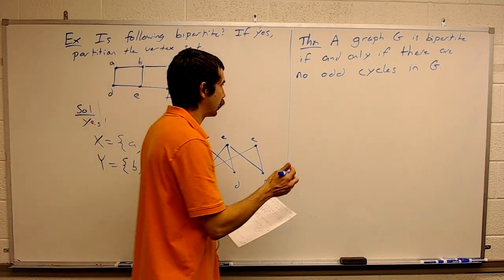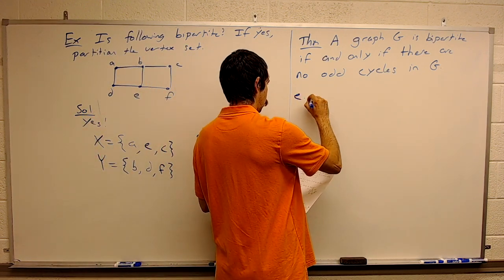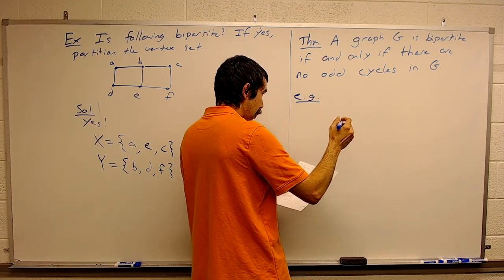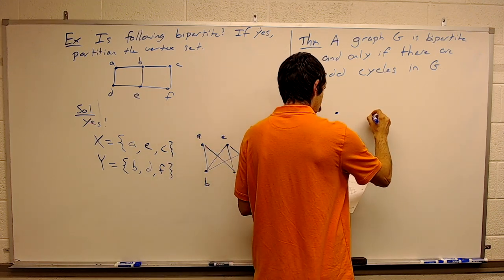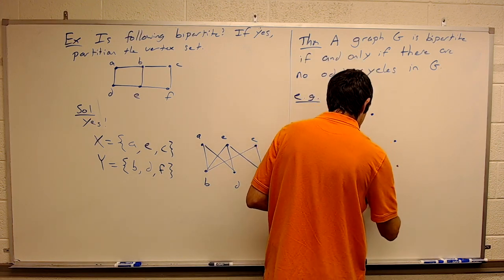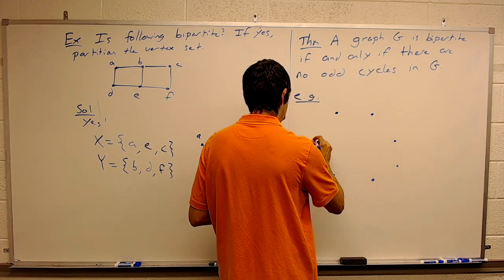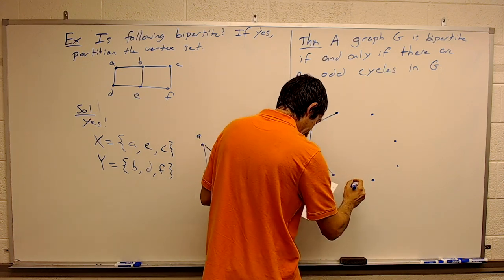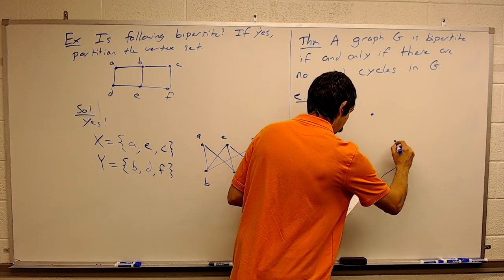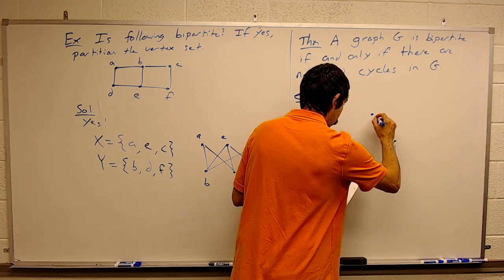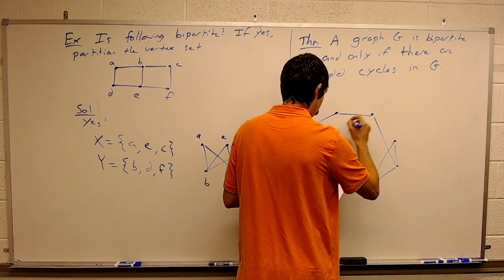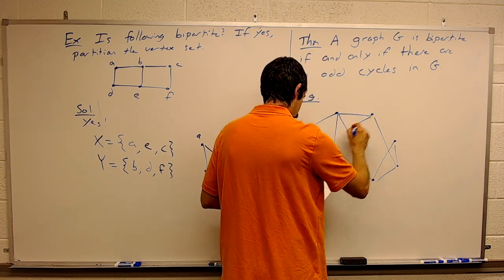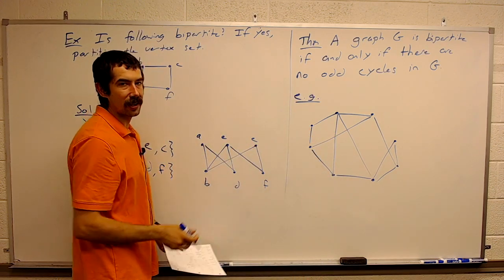All right, so let me give you an example. If I give you the graph that has 8 vertices that has the following edges, suppose this is our graph.